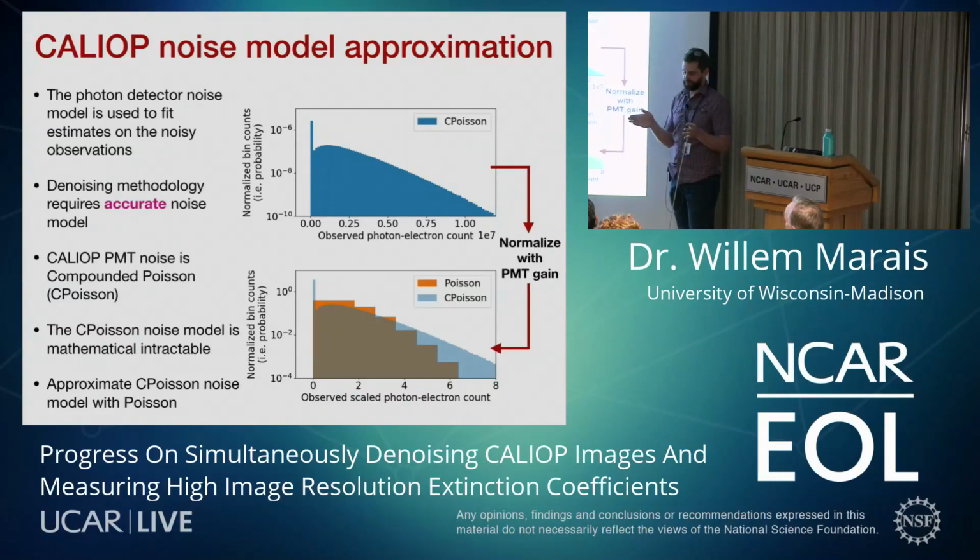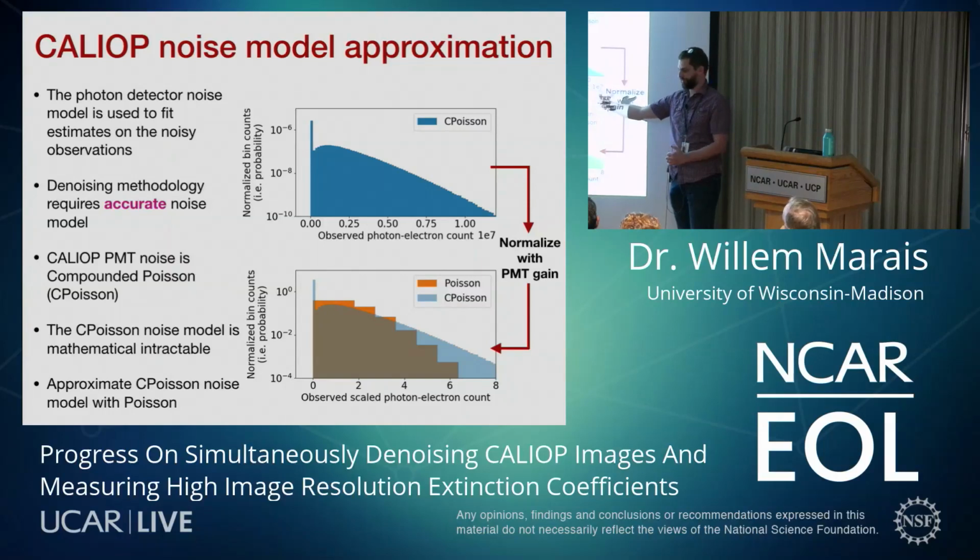The reason it's compounded Poisson is that inside the PMT there are dynodes, and the photocathode is struck by photons. It's a Poisson process that describes the output of the photocathode. Then you have a dynode that amplifies the output of the photocathode. That induces another Poisson process. And the next dynode induces another Poisson process. So you have this cascading effect where each dynode imposes a different Poisson process.